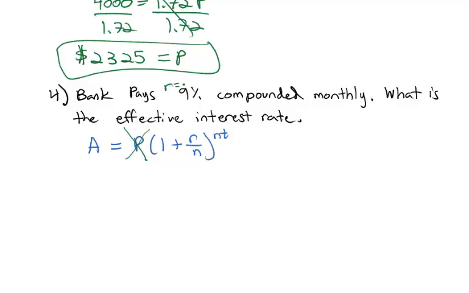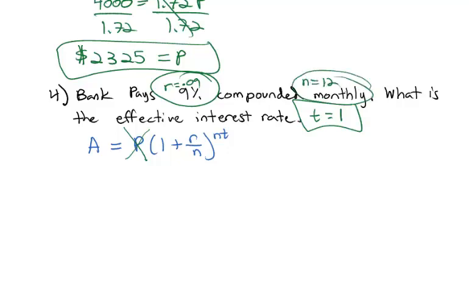So our rate is 0.09. There's no time either. Remember we said annual percentage rate, effective interest rate. Time is always equal to 1 also. It's compounded monthly, so N equals 12.